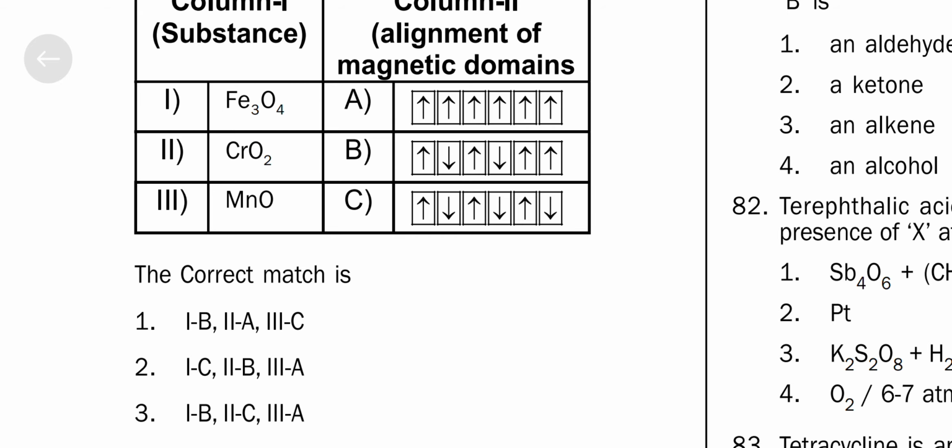You can notice here, option A is ferromagnetic, B is ferrimagnetic, C is antiferromagnetic. Solid state NCERT direct examples: Fe3O4, B; CrO2, A; MnO, C. Direct examples.